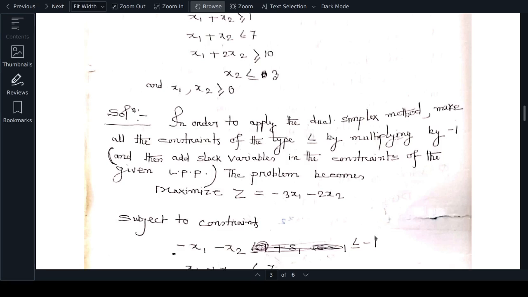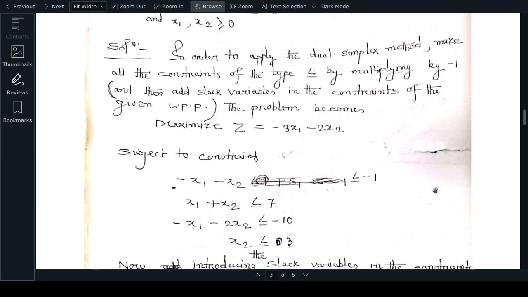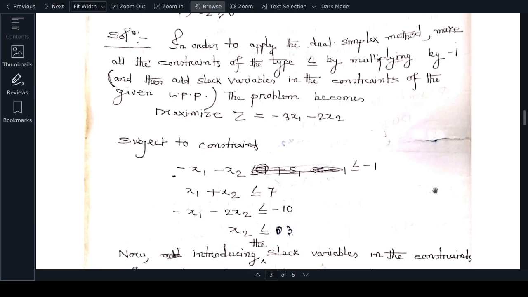So we convert this inequality into less than or equal to by multiplying both sides by minus 1. Then we get minus x1 minus x2 less than or equal to minus 1.